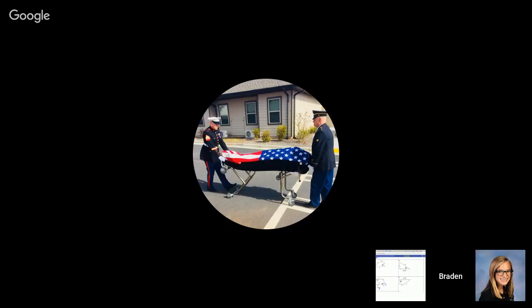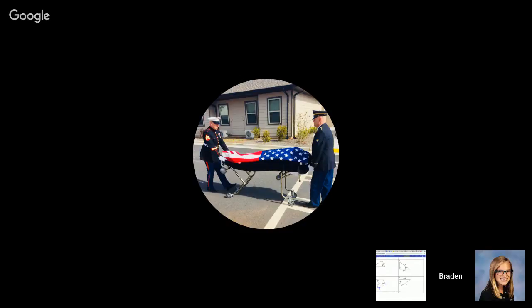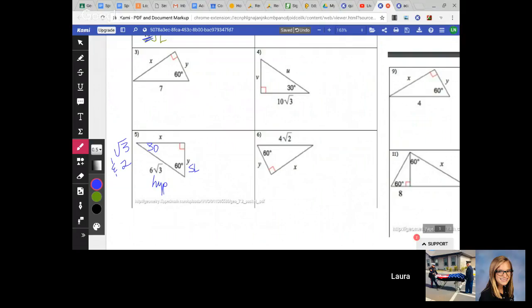Those are always your magic numbers for all of these equations, right? For all 30, 60, 90s, yes. Okay, what about 45, 45, 90s? Root 2. Yeah, so these two magic numbers go with 30, 60, 90. Root 2 goes with 45, 45, 90. So it depends on what kind of triangle you start with.